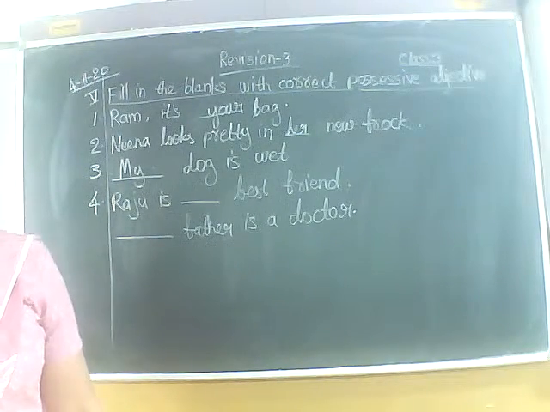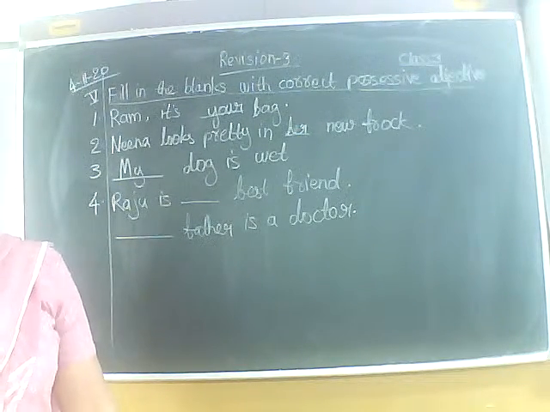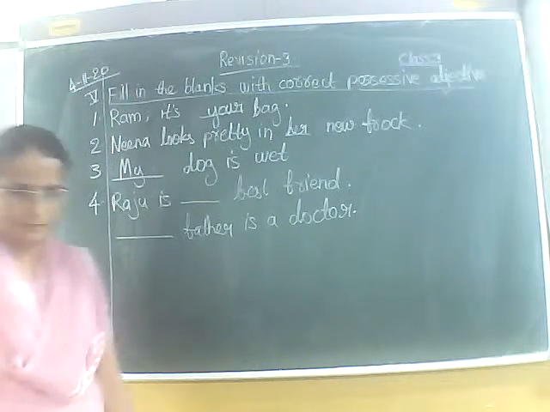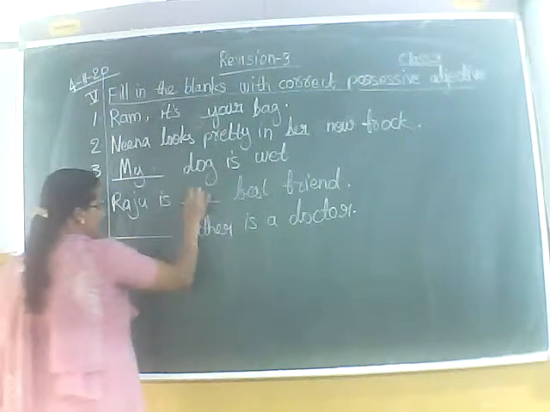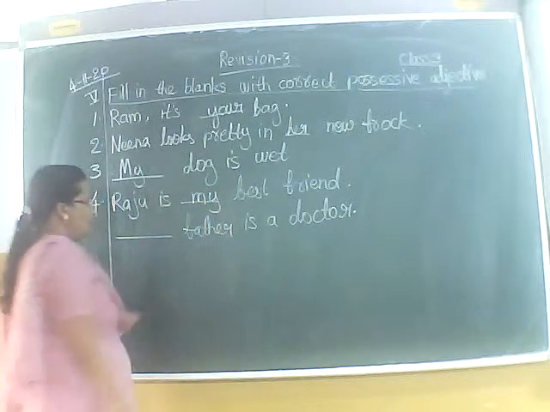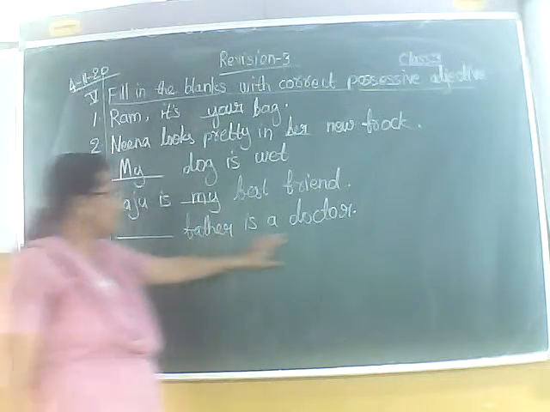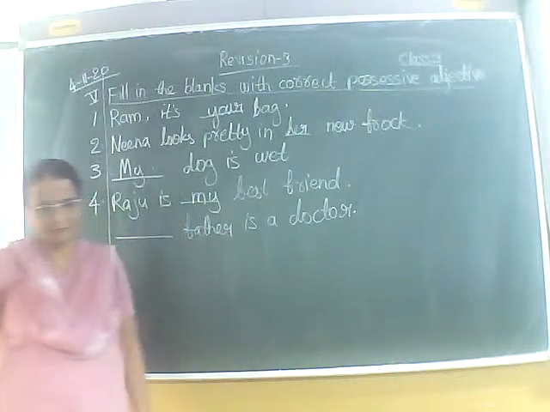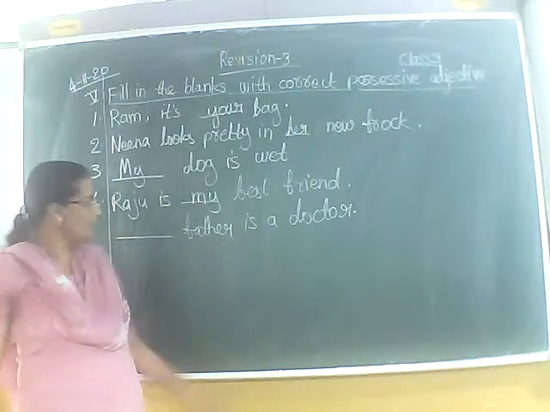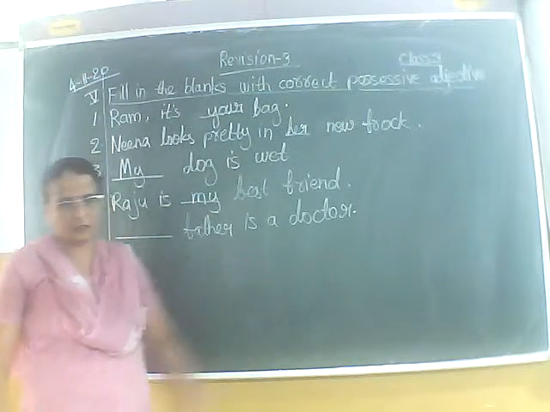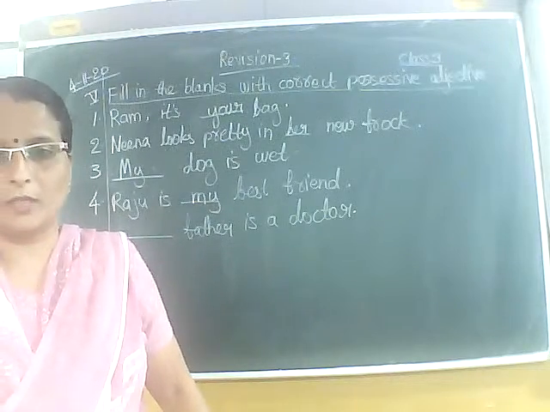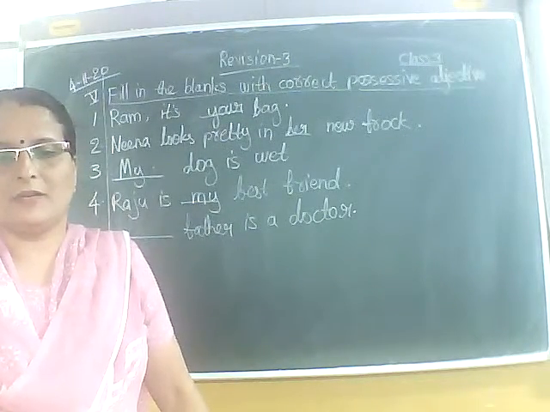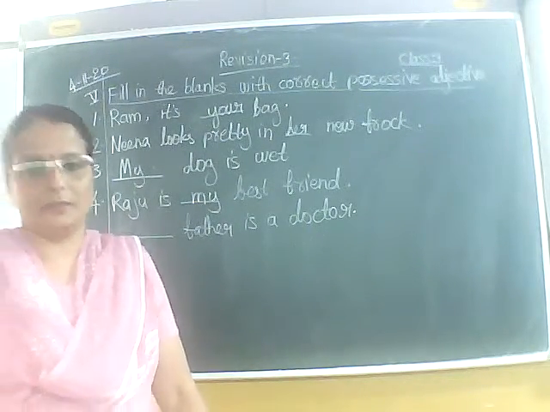You have to fill two possessive adjectives, children. Yes. Raju is my best friend and his father is a doctor. Dash father is a doctor. Raju is my best friend, okay? Dash father is a doctor.